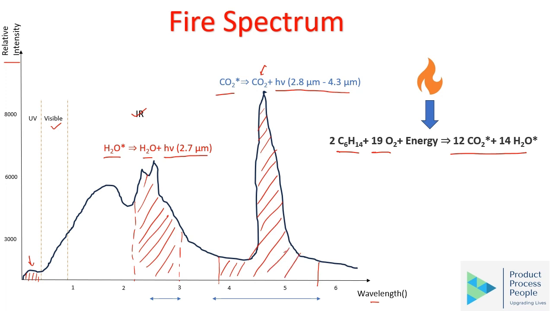So if it is a non-hydrocarbon, where the chance of forming CO2 is not there, you will only see this particular peak, not this peak. This peak will be absent in the case of a non-hydrocarbon.